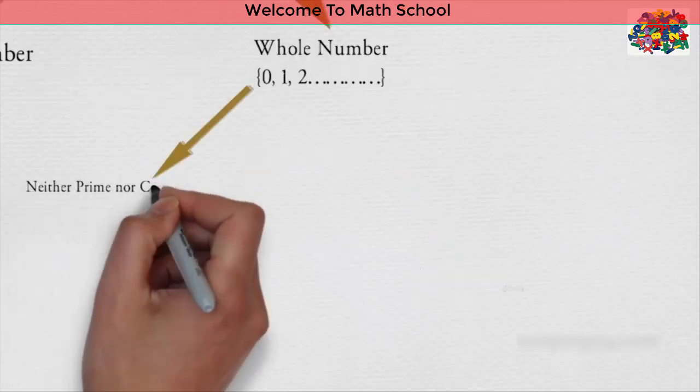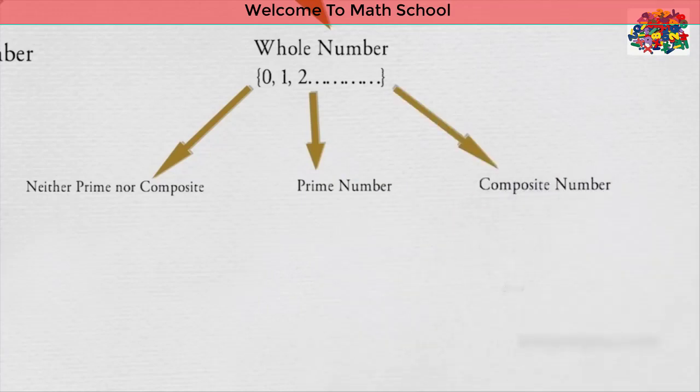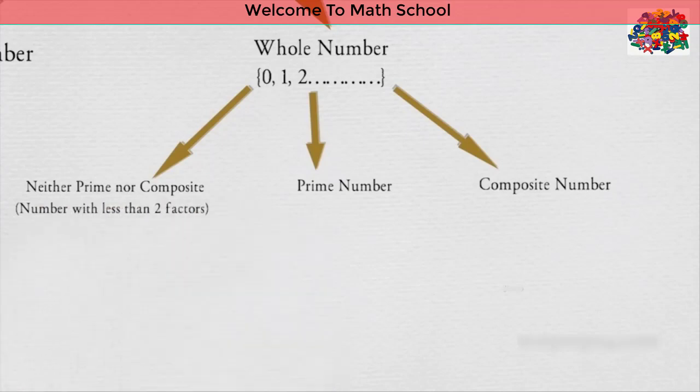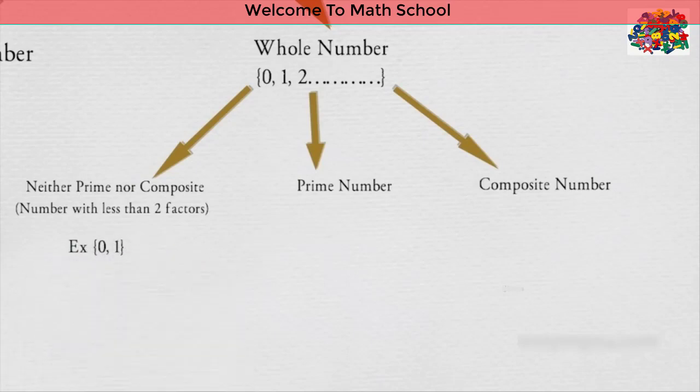Whole numbers are also classified as neither prime nor composite. Numbers which are less than 2 are known as neither prime nor composite numbers. Examples are 0 and 1. 0 consists of only 0 and 1 consists of only 1. So 0 and 1 come into the category of neither prime nor composite numbers.